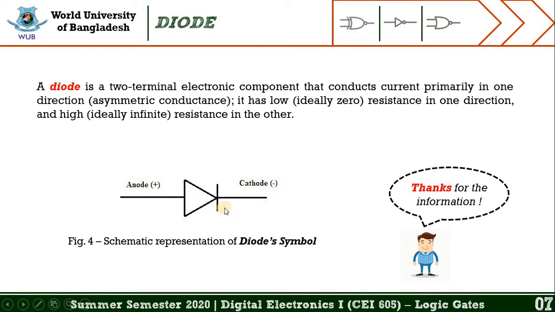Figure 4 represents the schematic representation of the diode symbol, and it has two sides. One is the anode, which is the positive side, and the other is the cathode, which is the negative side. So let's move into the next slide.